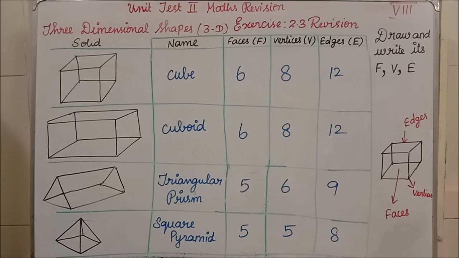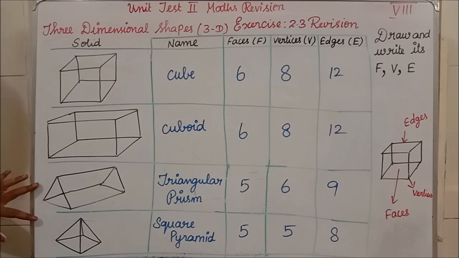How will you get the question? Draw the 3-dimensional shape of a cube and also write its faces, vertices and edges. Like that only you will get the question. For whichever shape I ask, draw the diagram, and below it write the number of faces, vertices and edges.